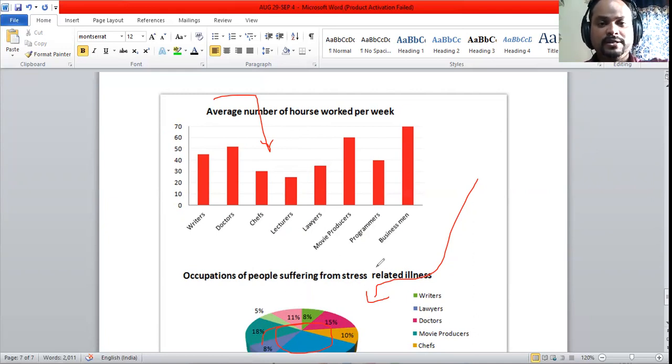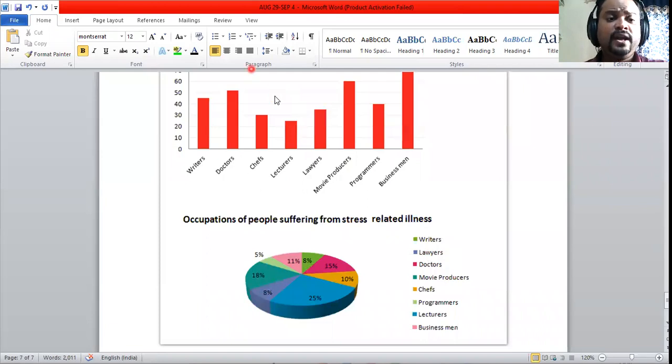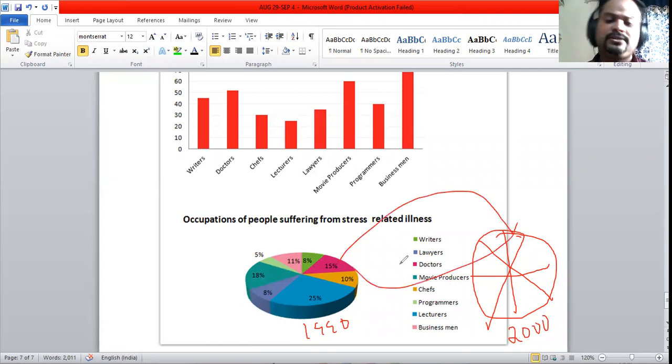Instead of increasing, decreasing: if I want to use increase or decrease in this particular pie chart, I have to have one more pie chart with the same denominations like doctors, lawyers, and so on, and say this is 1990 and this is 2000. Then I can say it increased, it decreased. If two time frames are there, definitely we can say increase and decrease.